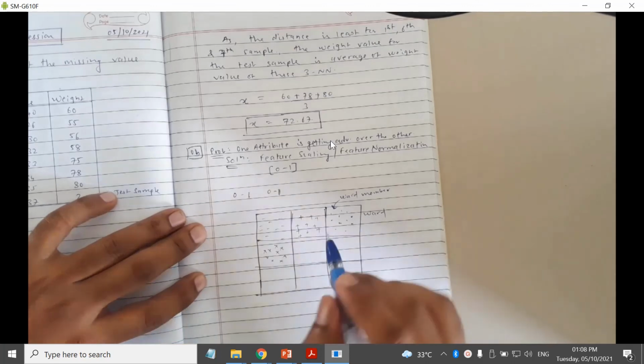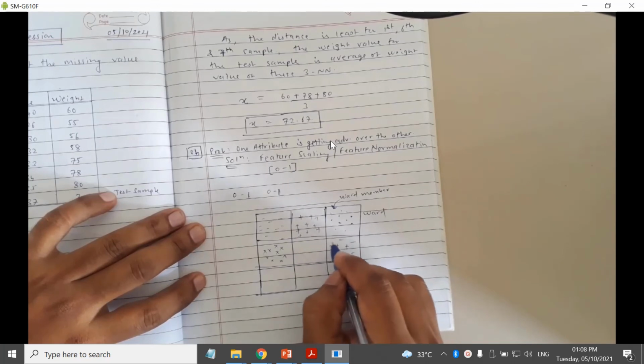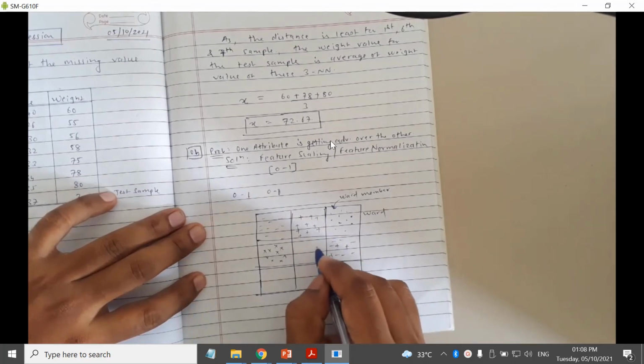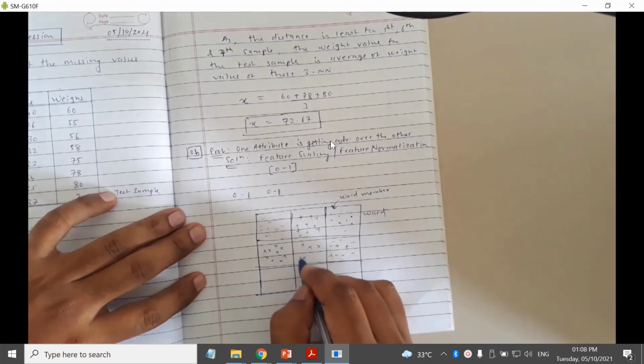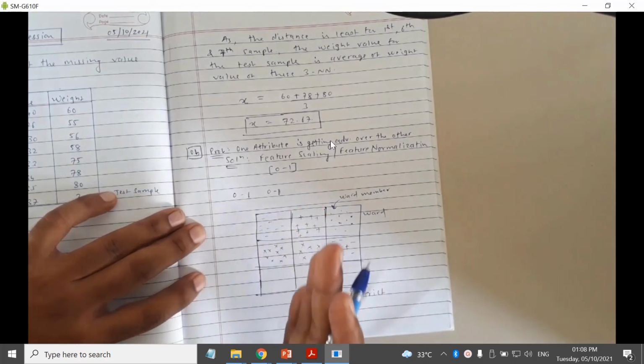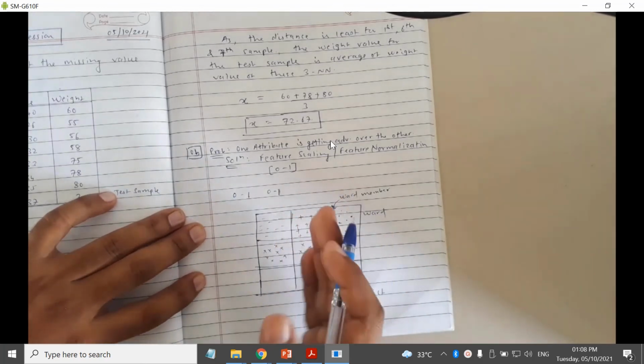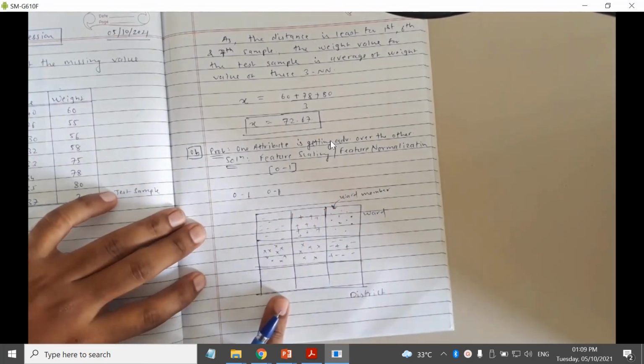Now see here, we have a complex structure. If you want to go with a decision tree or SVM, let's say, finding the ideal decision boundary will be very difficult in this scenario. Getting my point?